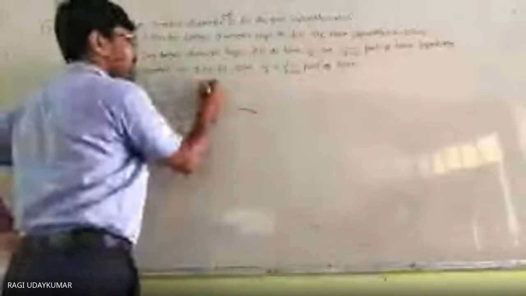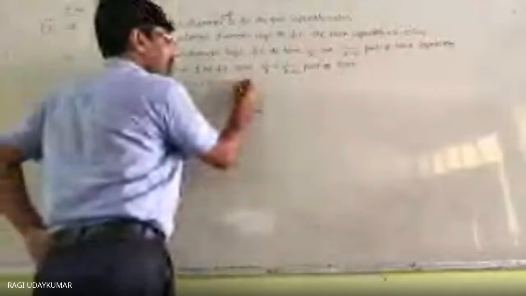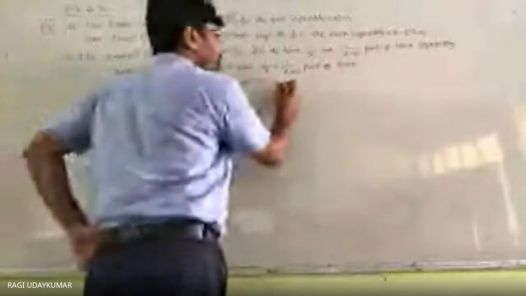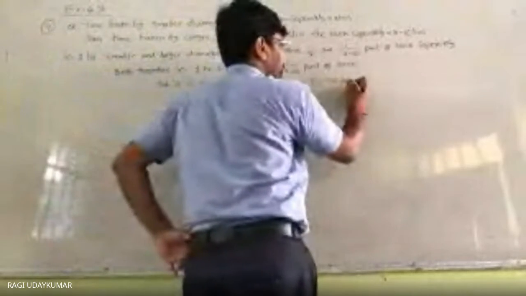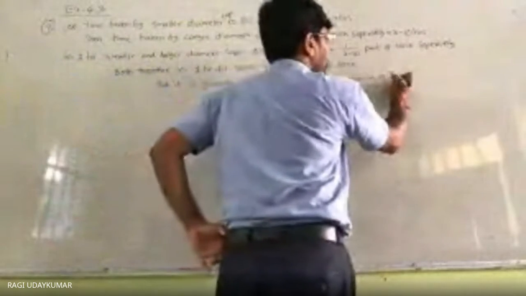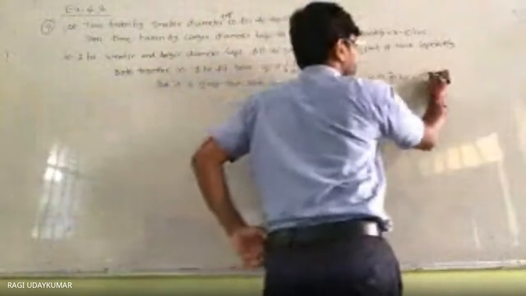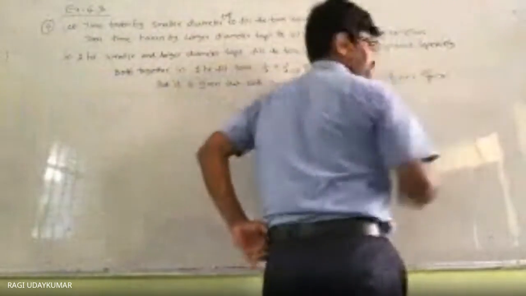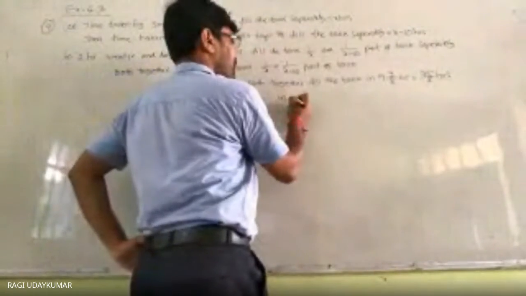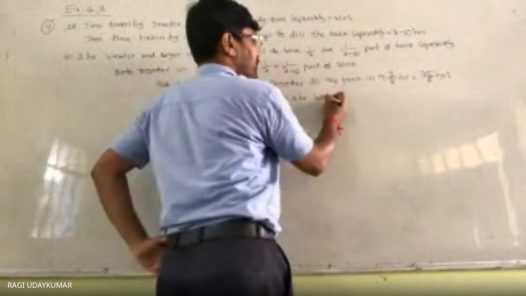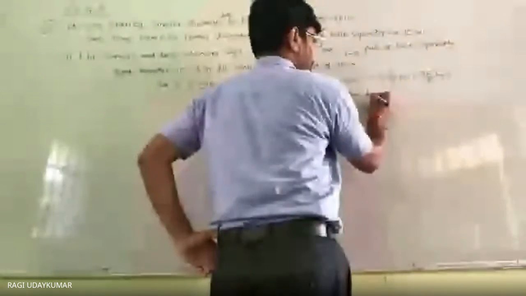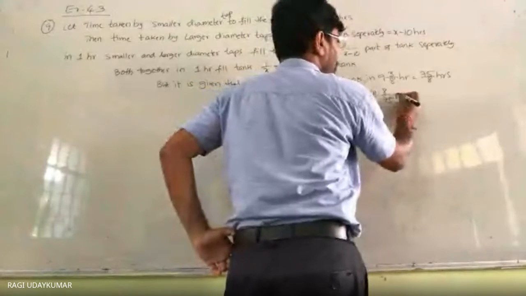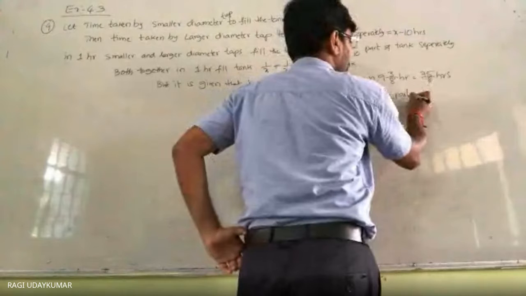But it is given that both together fill the tank in 3/8 hours, which is equal to 75/8 hours. Therefore, in 1 hour, both together fill 8 by 75th part of the tank.